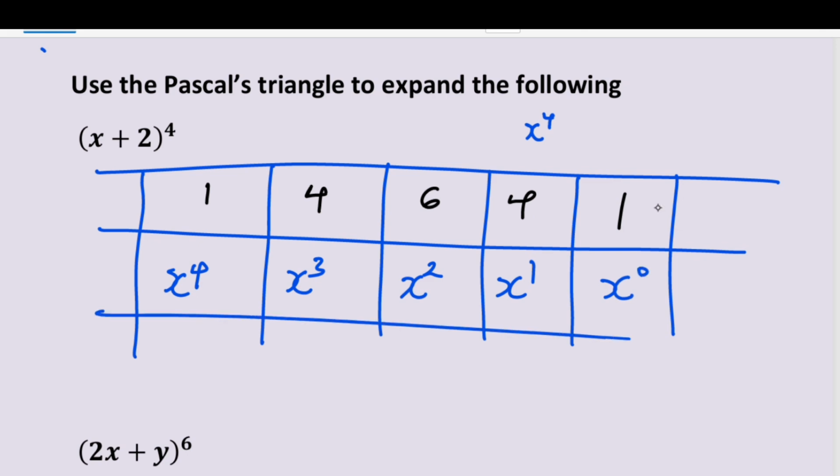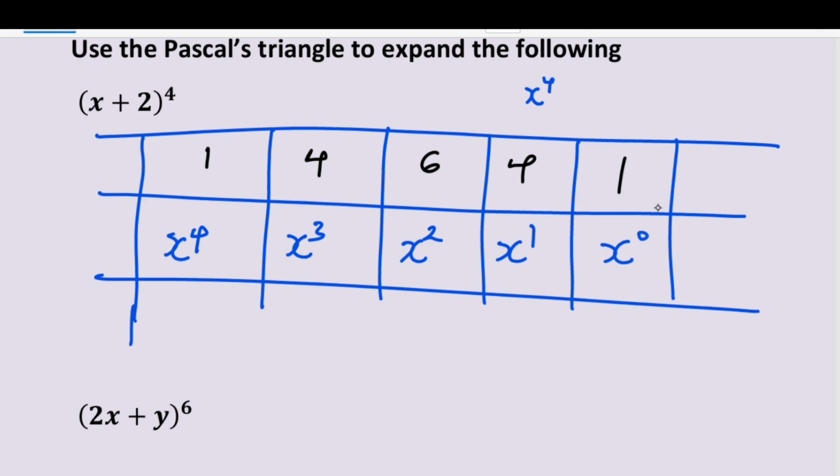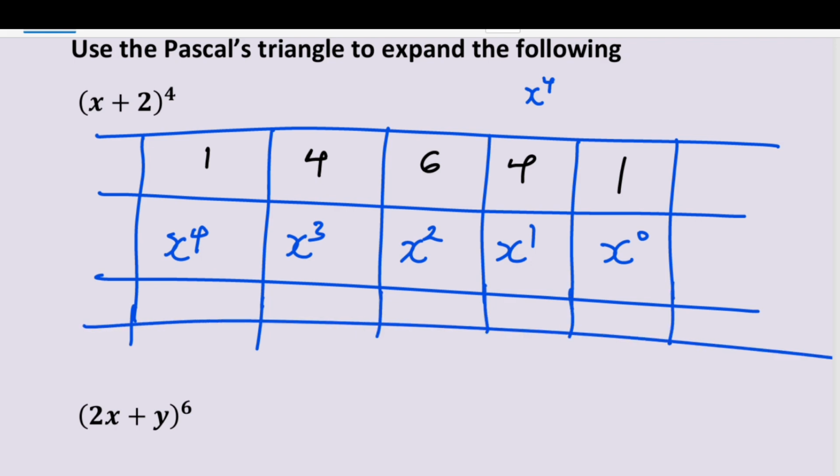Then we are now moving to the second term. We have done the expansion of the first term, which is x. The next term is positive 2. If we started with descending powers of 4 for the first term, the second term we are going to expand in ascending powers of 4.